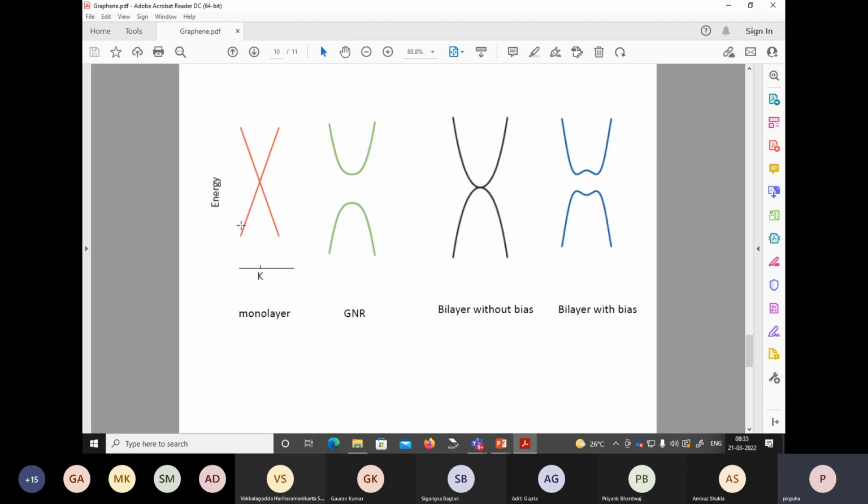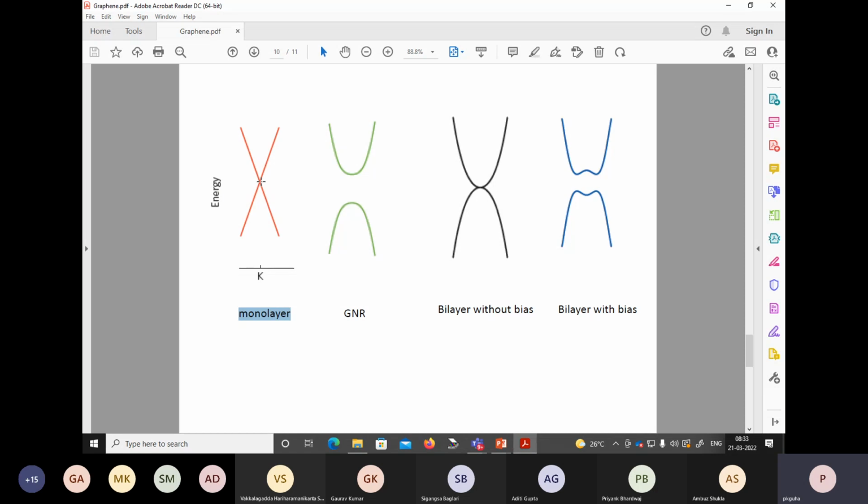Now, as I said, this is the band structure of graphene. You see, as I said, its conduction band and valence band touch at a particular point, okay. But you can get this band structure only when it is a monolayer of graphene, okay. But the very astonishing property of graphene is that it is inert.